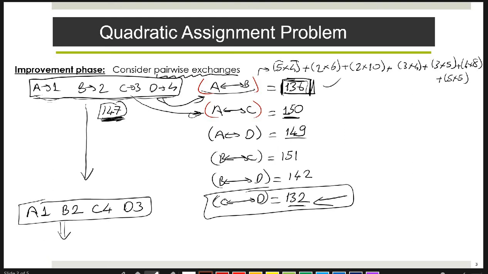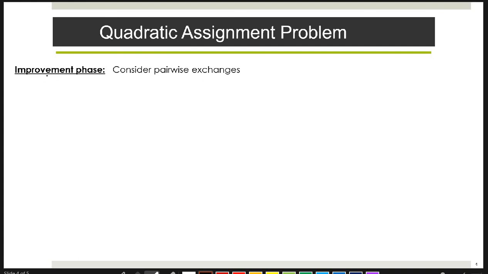So why should I stop? Let's continue. Let me write this solution here. Now we have A to 1, B to 2, C to 4, and D to 3 with a cost of 132. Now I can again consider changing two machines.